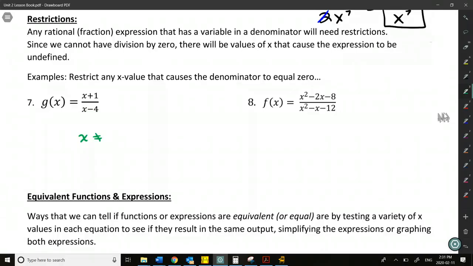If x is being subtracted by 4, what value would cause x minus 4 to equal 0? 4, right? Because 4 minus 4 is 0. So x can be anything, but x cannot be 4, because then I will do 5 divided by 0, and I can't do that. Okay? So any variable in your denominator that could cause the denominator to equal 0, you need to make sure you restrict.